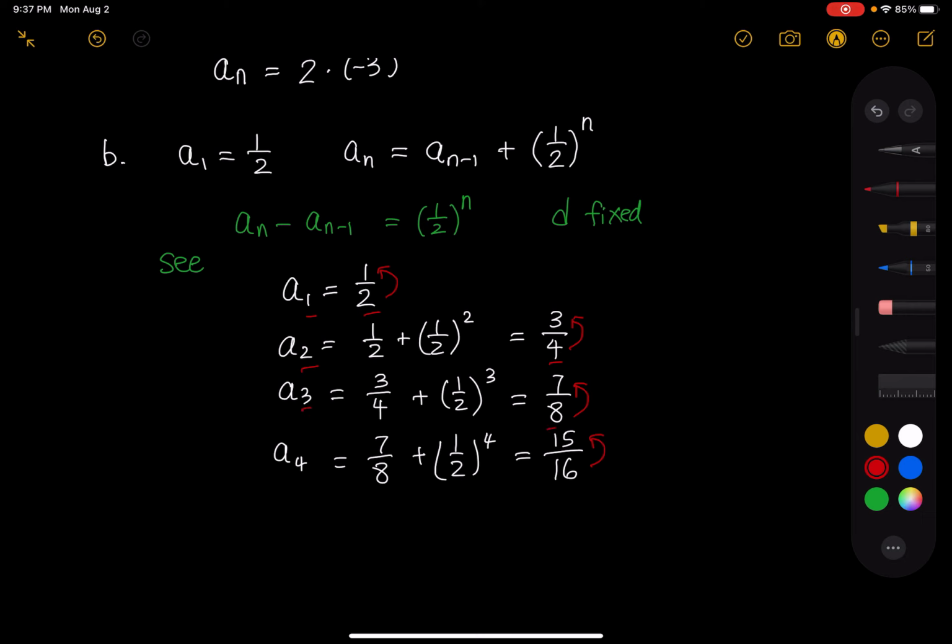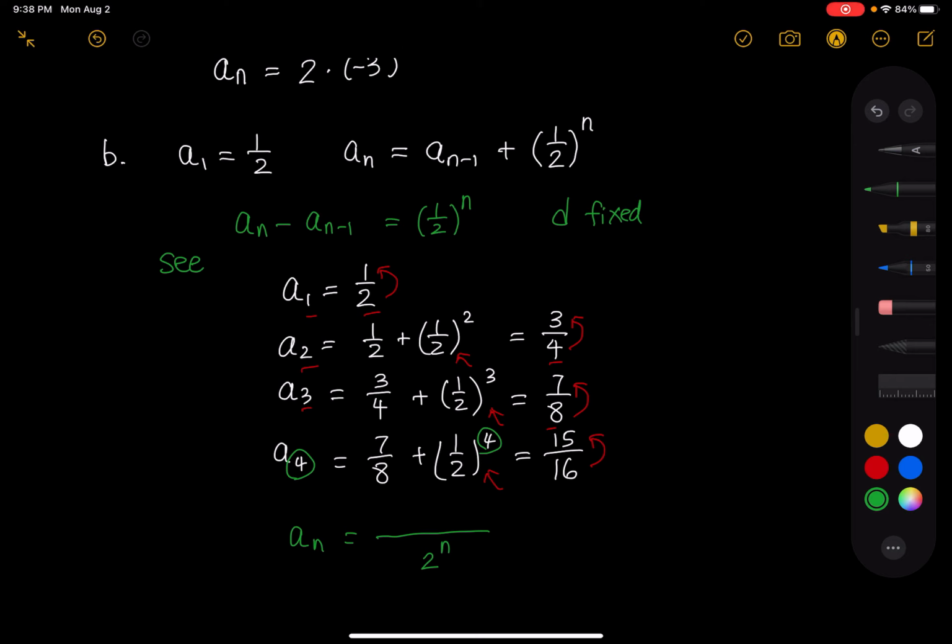This gives us a hint: the denominator is always 2 to the nth power. So a_n, we figure out the denominator first, 2 to the nth power, so 2 to the 4th power in the bottom.